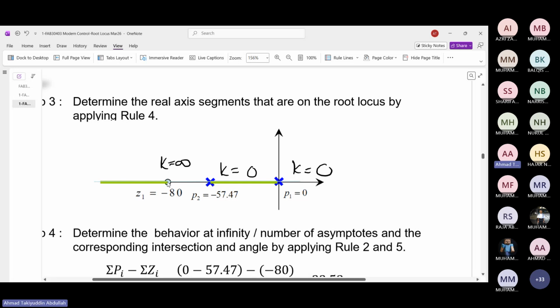So this is odd because we have a total of 1, 2, 3, and it is odd. With the 3 that we have, it is odd. So what will happen to the real axis segment? There will be an existence of real axis segment from this point towards... Do we have other finite poles, finite zeros? No. So it will be towards infinity. You got the idea now, guys?